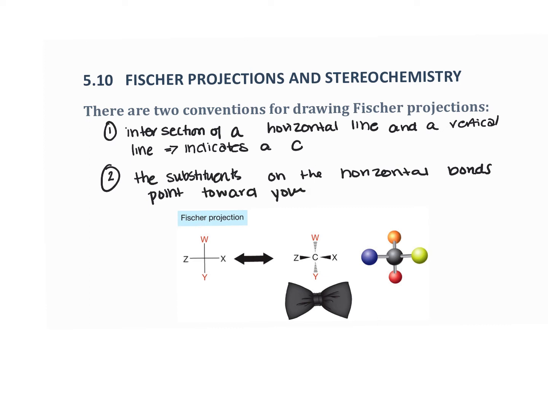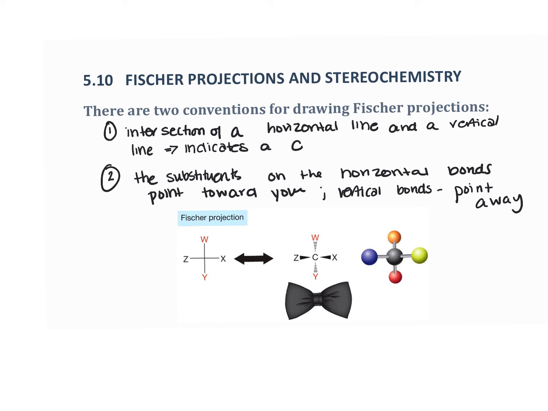Okay? And then the substituents on the vertical bonds point away from you. So vertical bonds, right, point away. So kind of back into the plane of the paper.